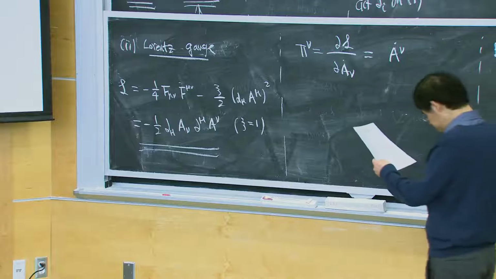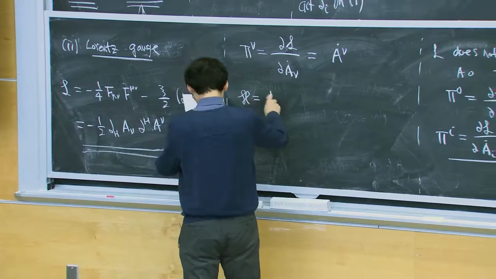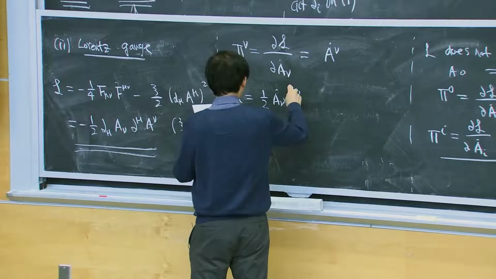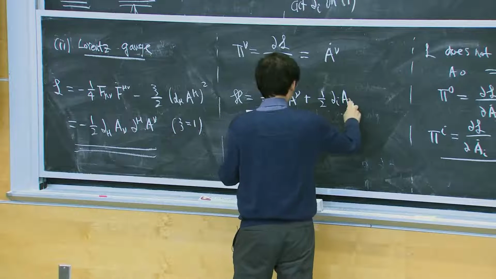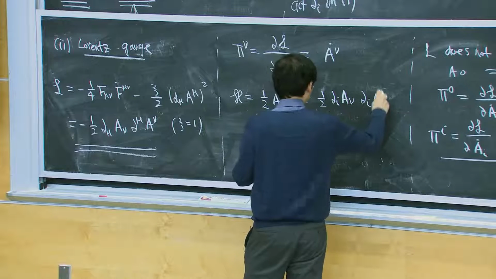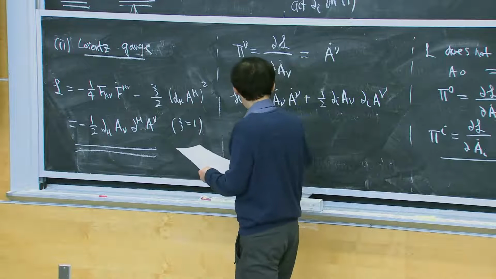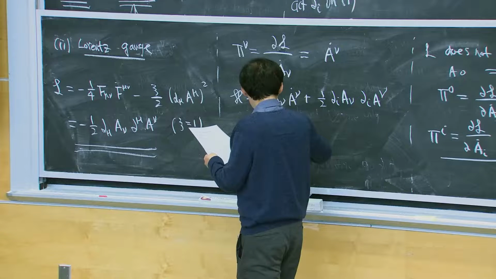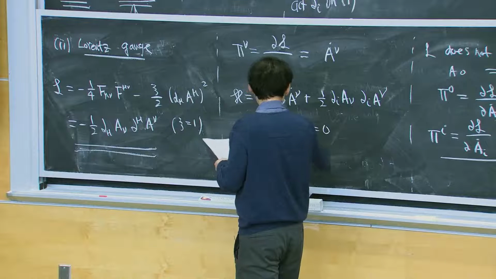And the Hamiltonian density is just given by 1/2 A_nu dot squared plus the gradient terms, just like you have 4 independent massless scalar fields with equation of motion given by partial squared A^nu equal to 0.